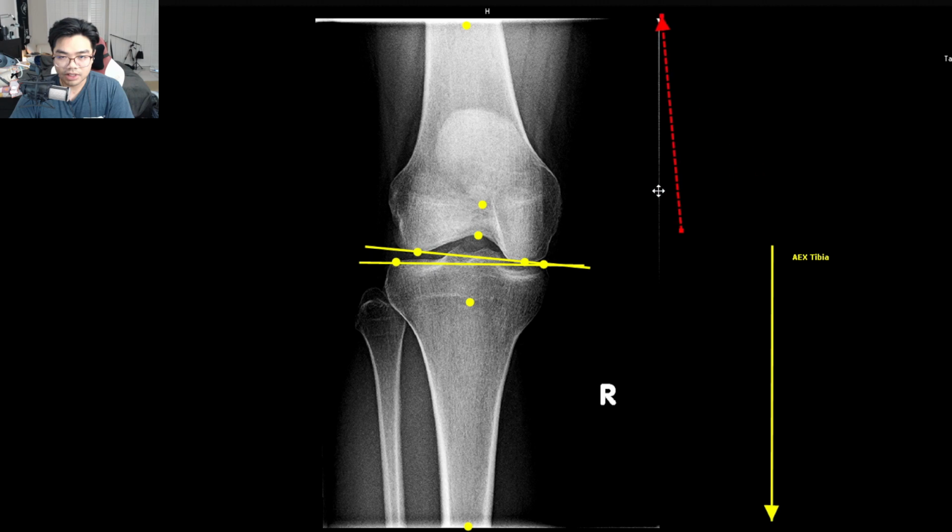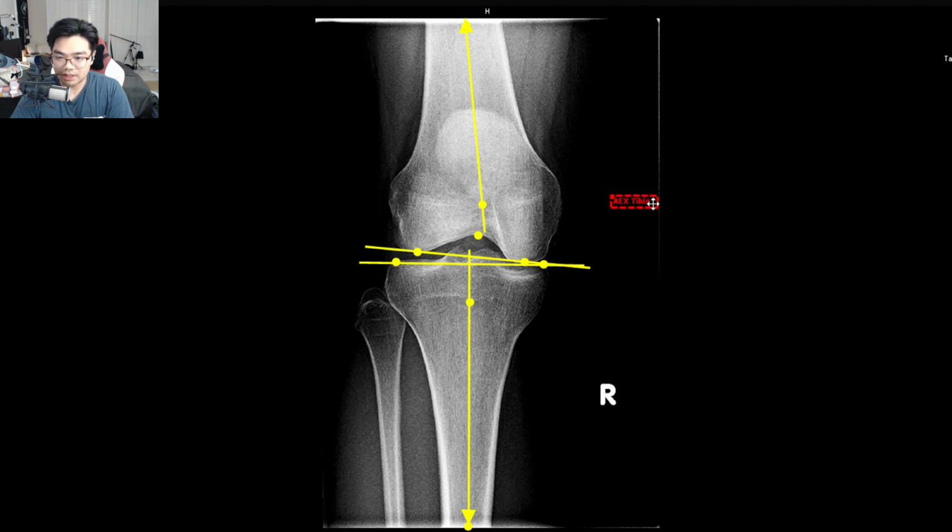And then we're going to have this arrow for this femur line, and then we're going to have this arrow for the tibia line. And I probably moved that dot, so I messed it up. And as you can see here already, we have an AEX tibia.